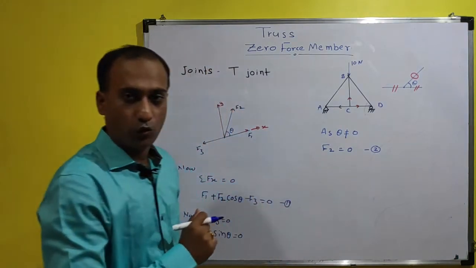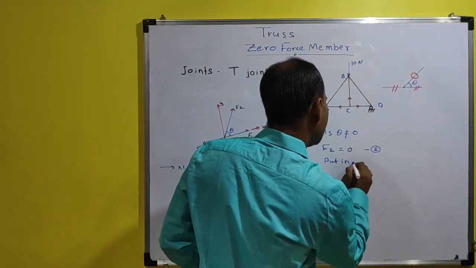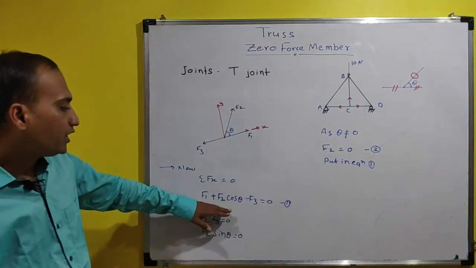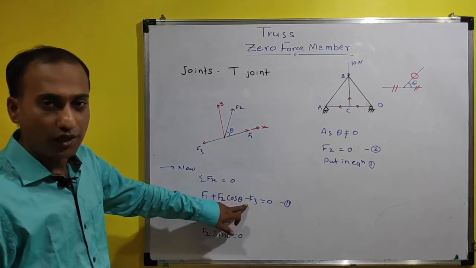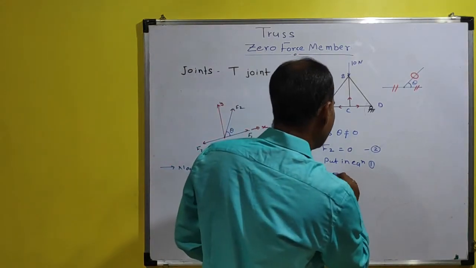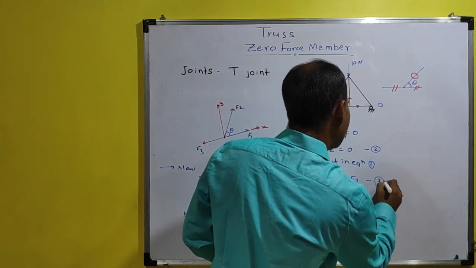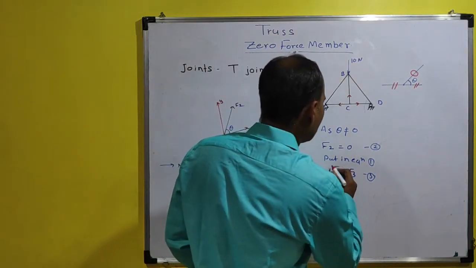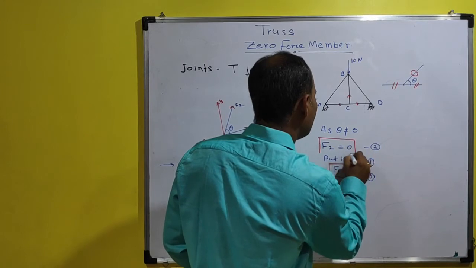Put it in equation number 1. After putting the value of F2 as 0, we get F1 is equal to F3. This is our third equation. What we have seen here is F1 is equal to F3 and F2 is equal to 0.